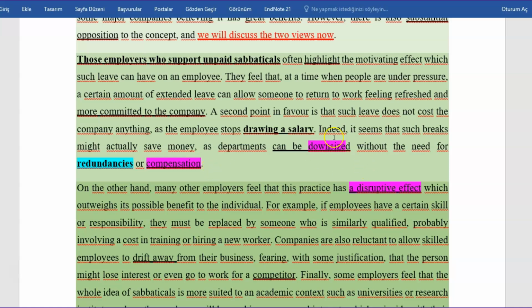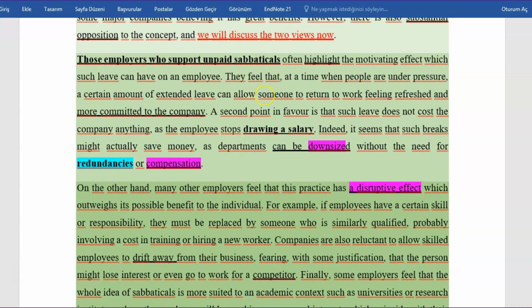Please take a look at our previous videos regarding necessary and essential vocabulary for writing and speaking, which I will cite in our videos.